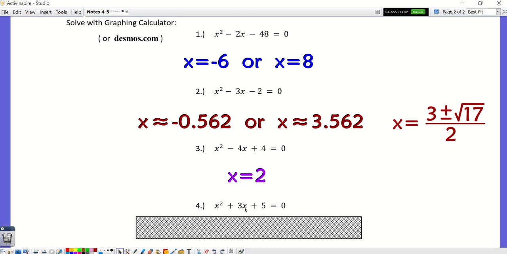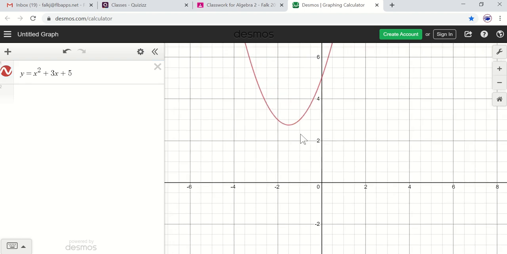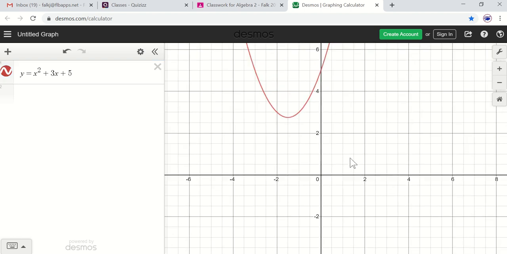The final example here, x squared plus 3x plus 5 equals 0. Plus 3x plus 5. Let's move this down.